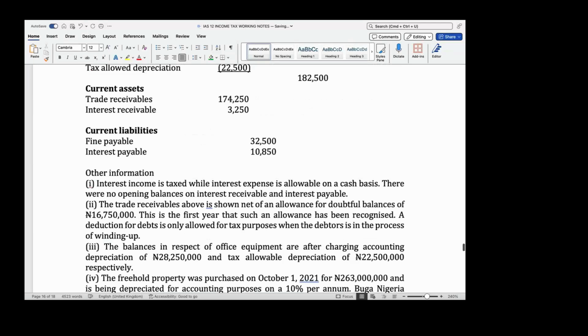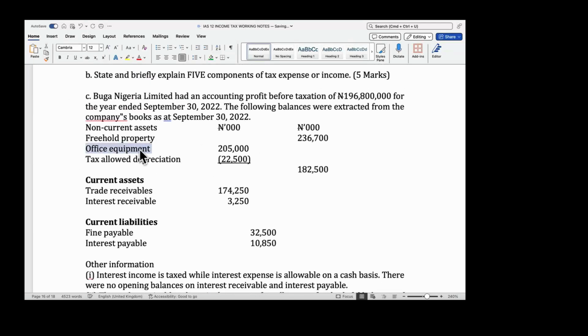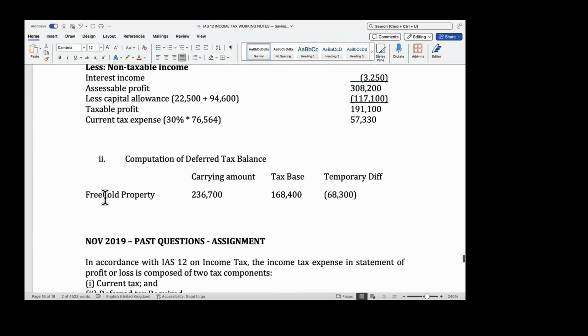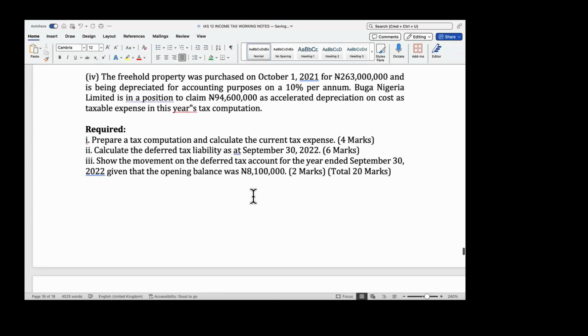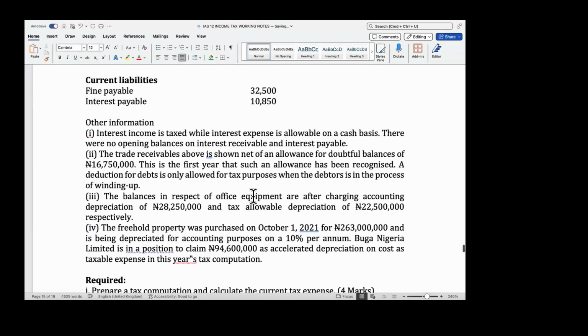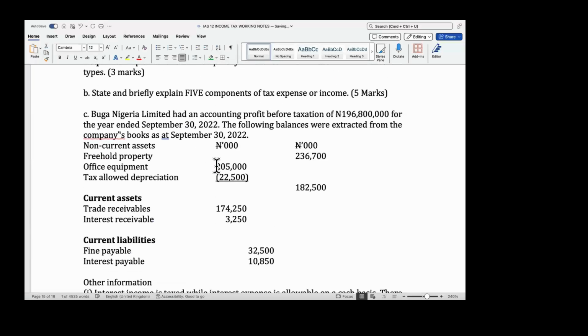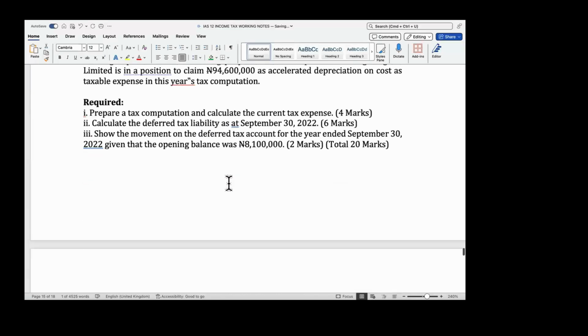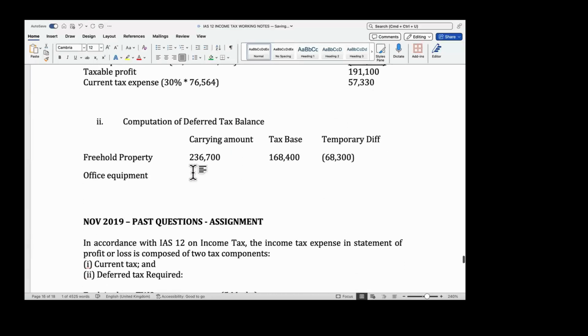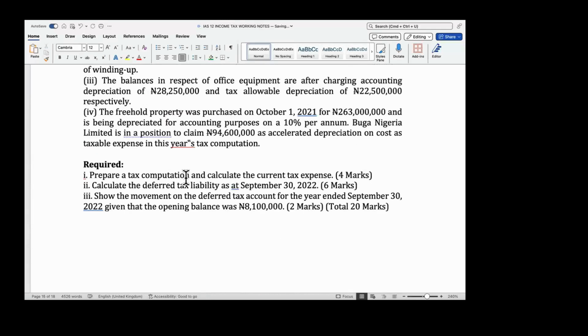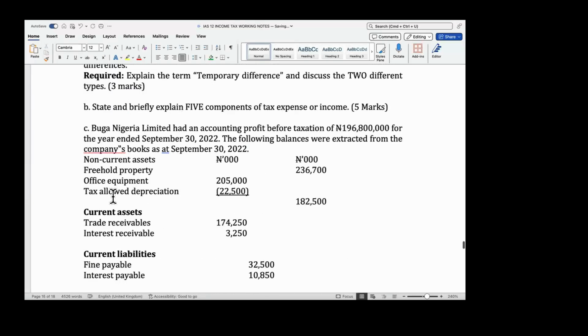So the next asset here is office equipment. What's the carrying amount of the office equipment? From the notes here, these are depreciation. So the office equipment, this is the carrying amount after deducting depreciation. Whatever is on the face of the account is the carrying amount. And this is the tax allowable depreciation, for whatever reason they gave me on the face of the account.